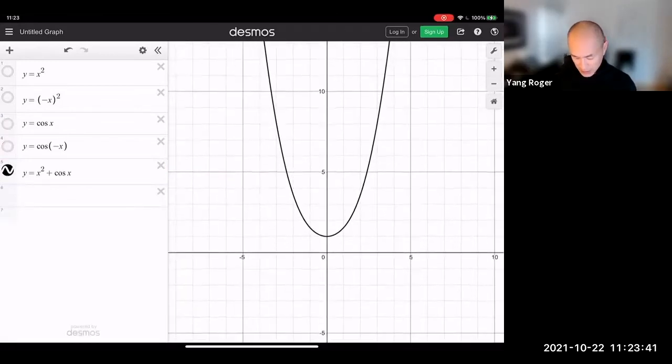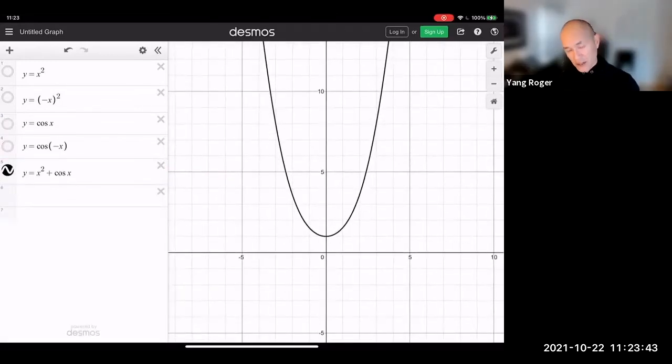This guy kind of looks like a parabola. It is also an even function. You can see it's symmetric about the y-axis. Okay. Is there any question about the even functions?